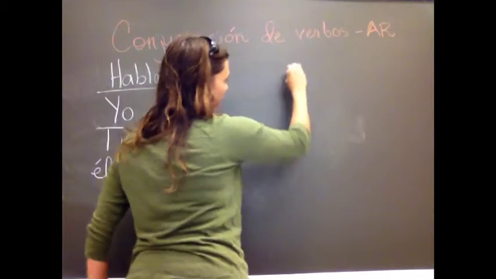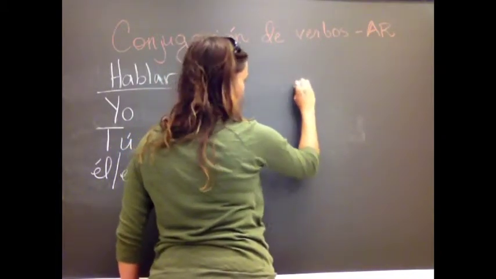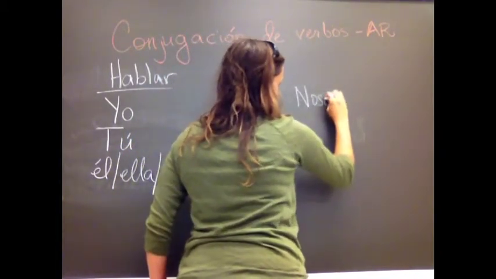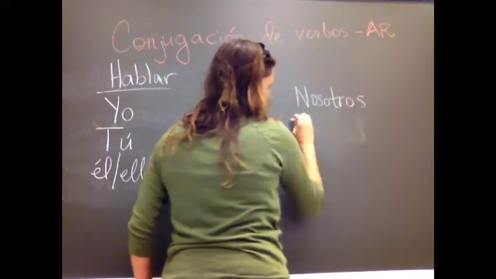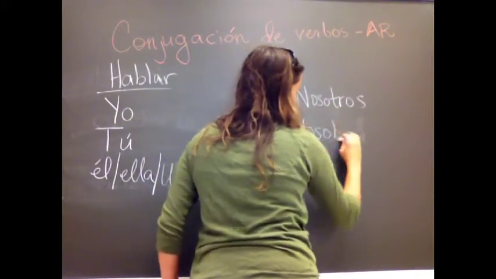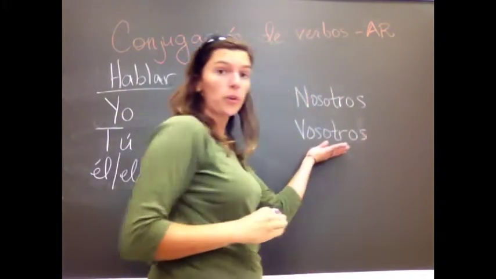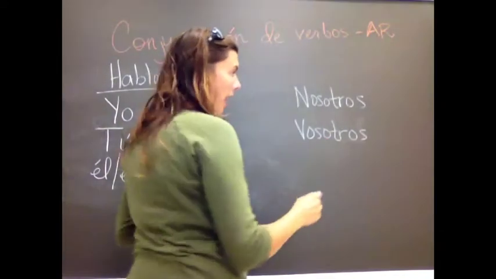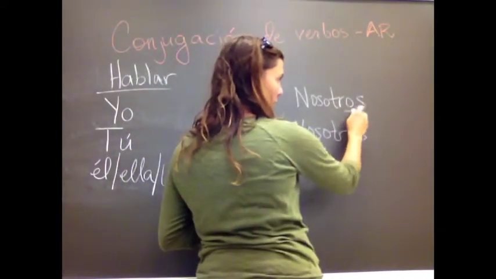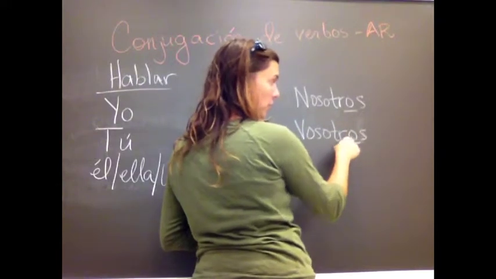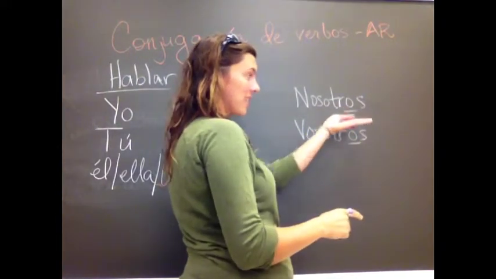Over here we have the plural, so more than one person, yes? Nosotros, meaning we. Vosotros, meaning y'all. And remember, this one is only used in Spain. And also remember with these two, if you're talking about a group of just girls, this would change to an A. It would be nosotras, vosotras.